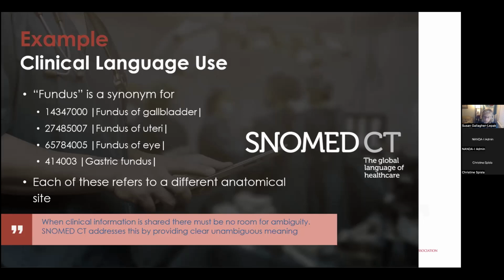And then within the clinical record, the way the clinical record is managed on the back end, and I'll show you some examples of that, you can still use the words that you use in clinical documentation, but within the back end, they've disambiguated it, because they've coded that word fundus to the proper one that you're talking about. So this is where the structured terminology starts to make sense, and you start to see the value of that.